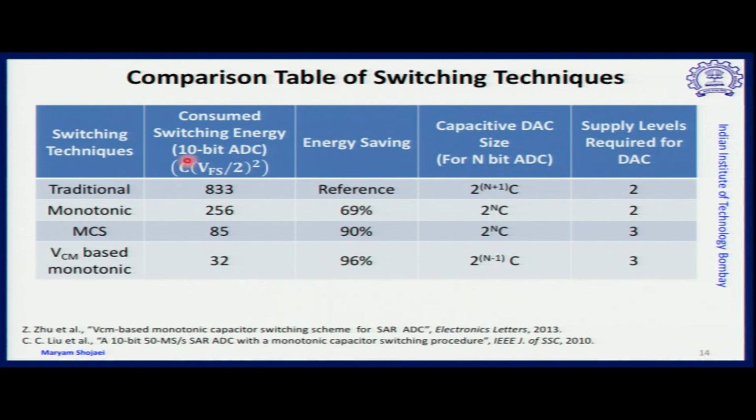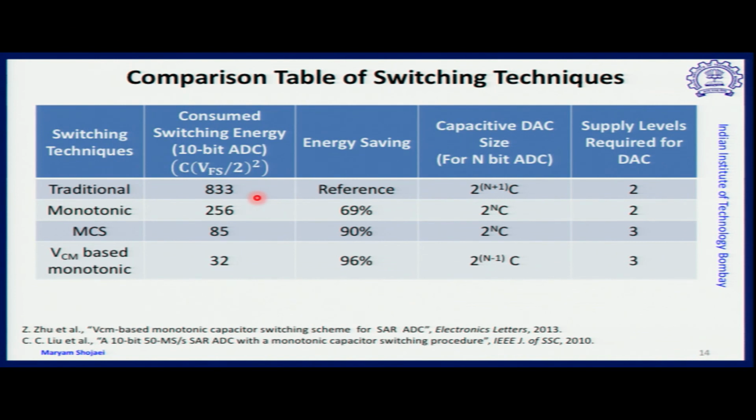The switching energy is shown as a factor of C times V full scale by 2, whole squared, which is used as a quantized level, and the values are multiples of it for a 10-bit ADC. The reference papers are shown at the bottom of this slide.